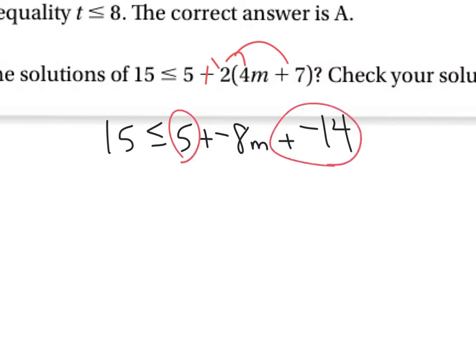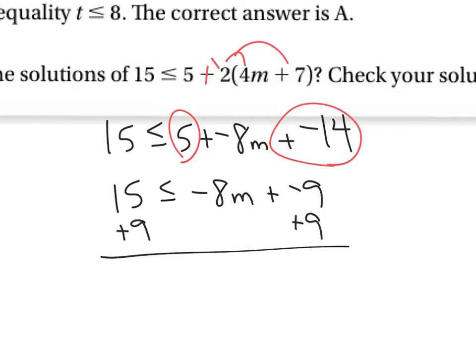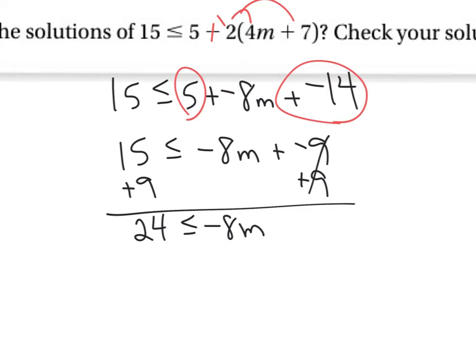And then we've got some like terms we can combine on the right side here. I'm going to go ahead and put the negative 8m first. I just like to have that variable term first. That would be plus negative 9. And then we can get rid of that by adding 9 on both sides. And then last step is they're multiplying, so we can divide by negative 8.